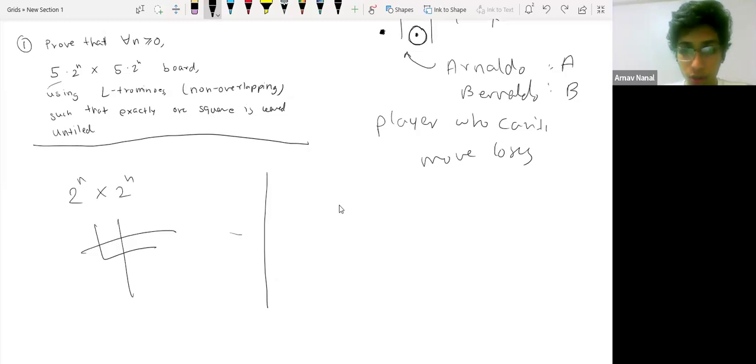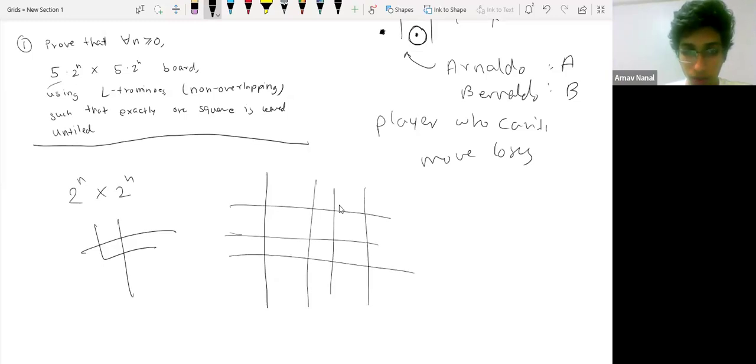For 25 squares, you will get a 5 cross 5 something, and then again you land in the same argument. Let's say you divide it into 5 cross 5, where each of these small things is a 2 to the n cross 2 to the n thing.